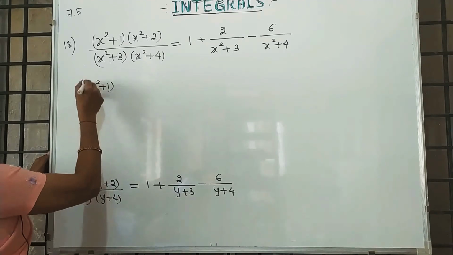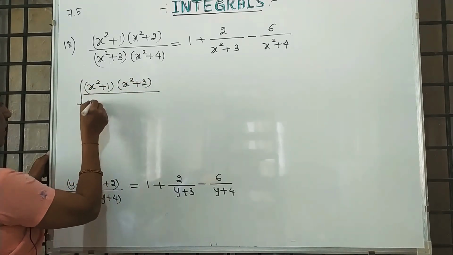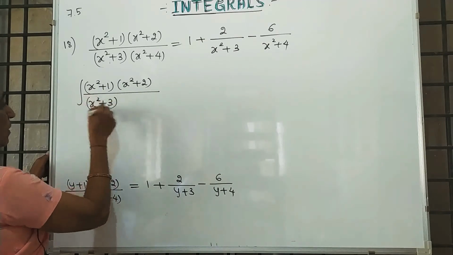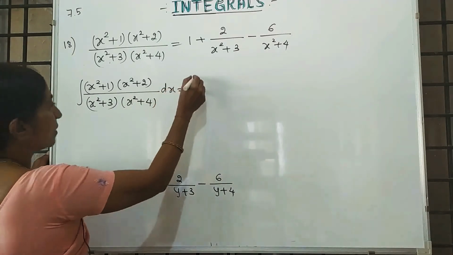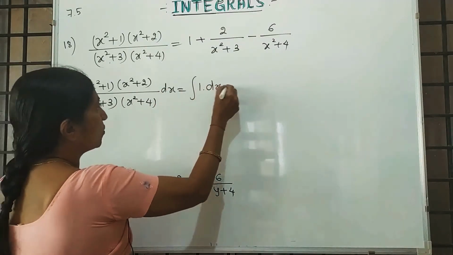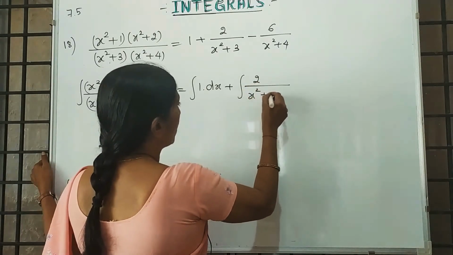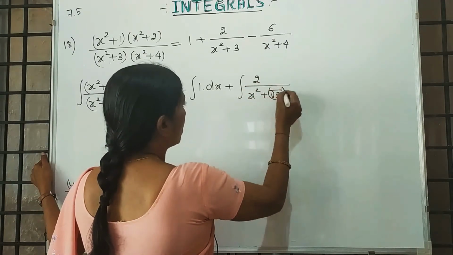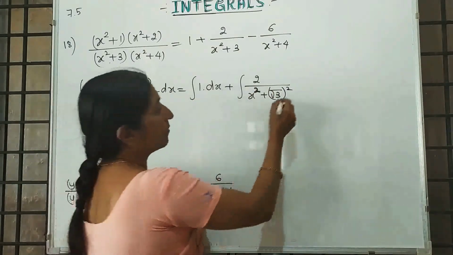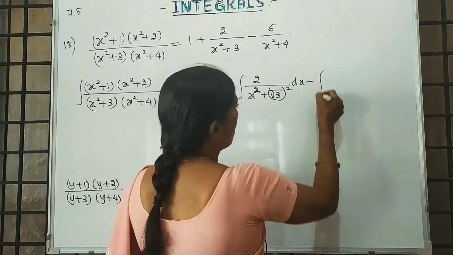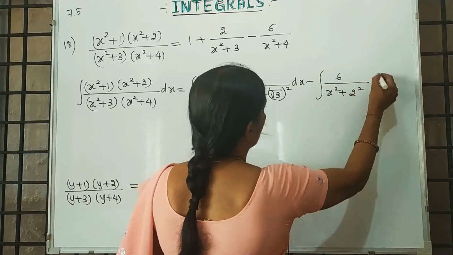The integral of (x² + 1)(x² + 2)/((x² + 3)(x² + 4)) dx is the integral of 1 dx plus 2/(x² + (√3)²) dx minus 6/(x² + 2²) dx. If you are thorough in the formula, you come to know why I wrote the square.